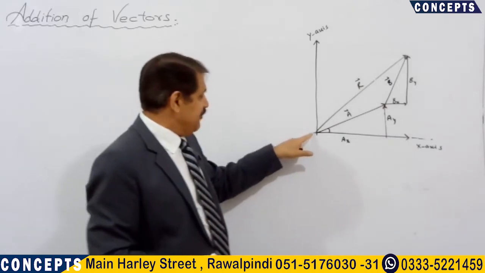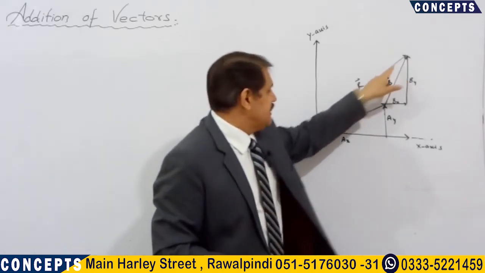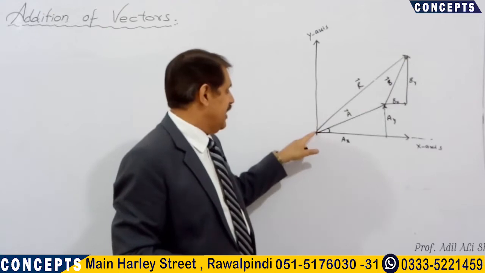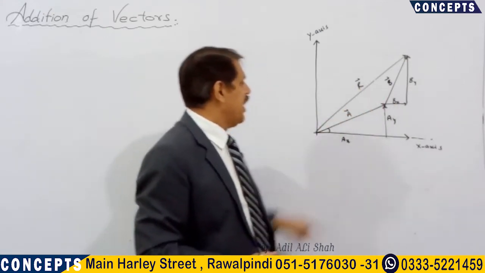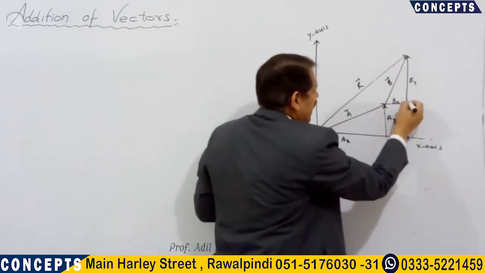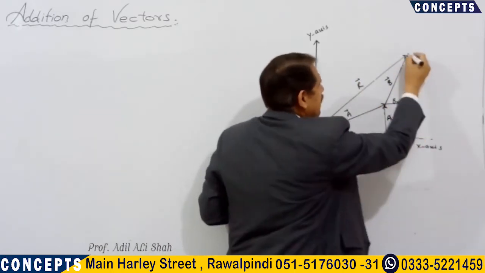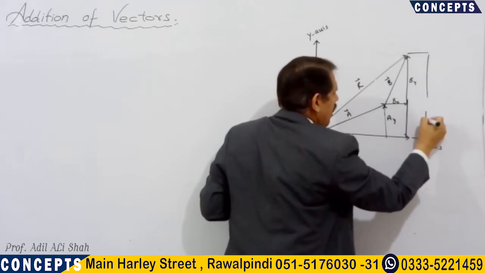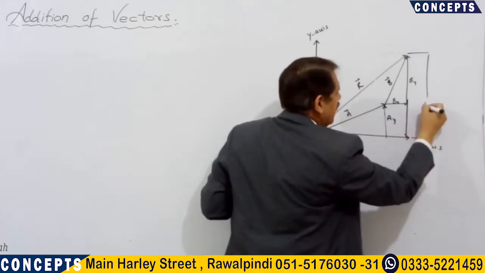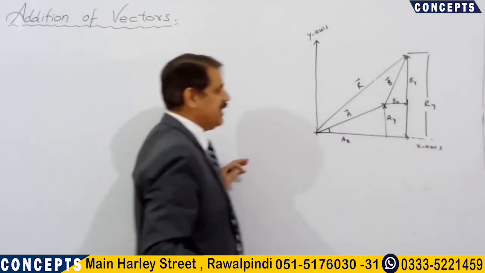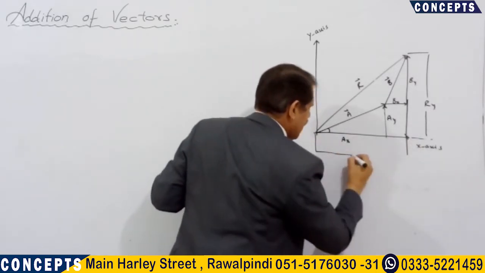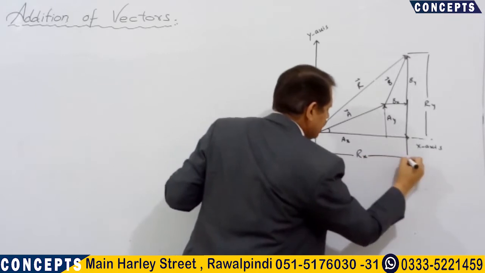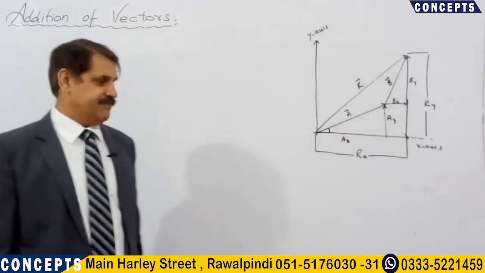Now, as we said that this R is a resultant vector, it means that R is the vector which is the sum of these two. Now we resolve this vector R into its components. This whole length would be Ry, the y component of the resultant vector, and this length would be Rx, the x component of the resultant vector.